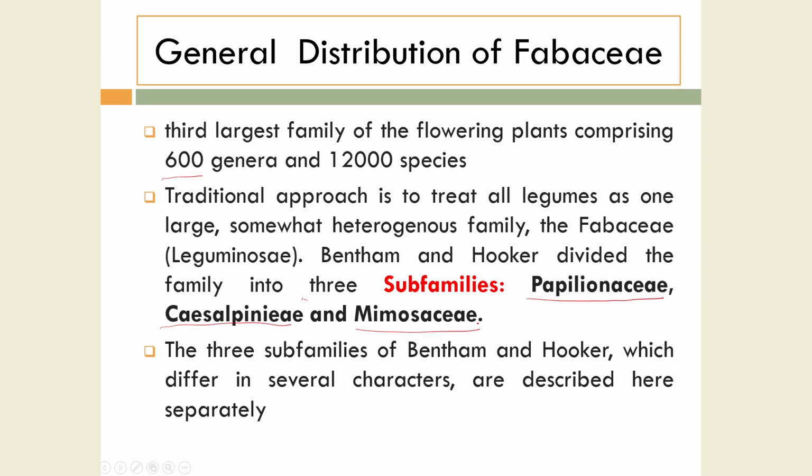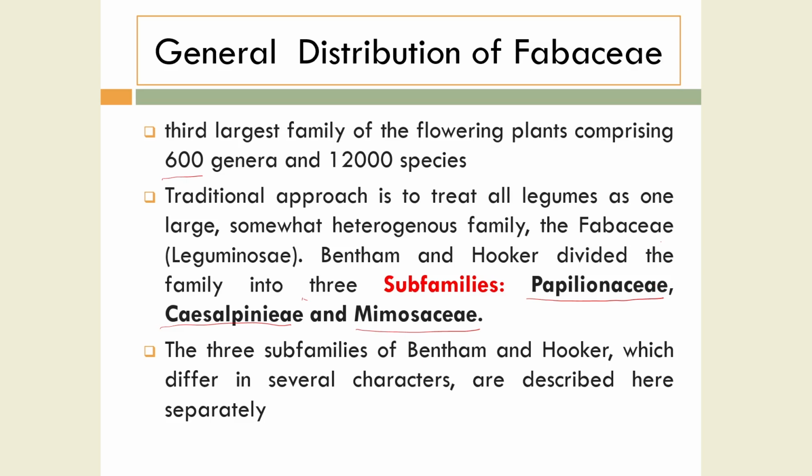Although all the legumes have some common characteristics, there are many different characteristics, so the Fabaceae family is divided into three subfamilies. The earlier name of this family was Leguminosae. As you have studied in nomenclature, a family name should end with -aceae, so the name was later changed to Fabaceae, which includes the three subfamilies Papilionaceae, Caesalpiniaceae and Mimosaceae.